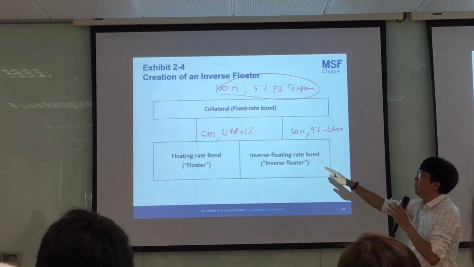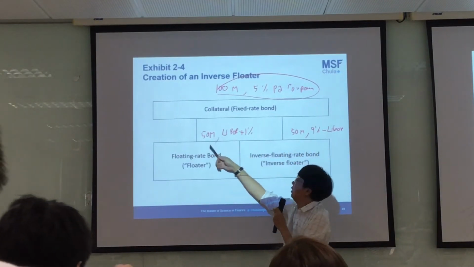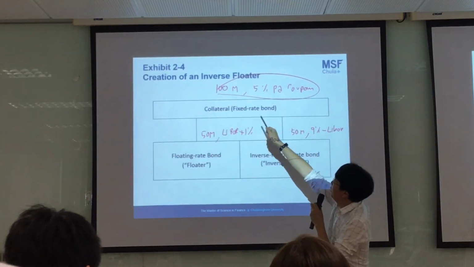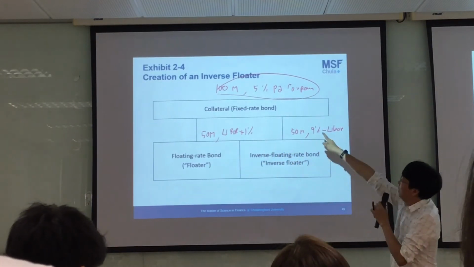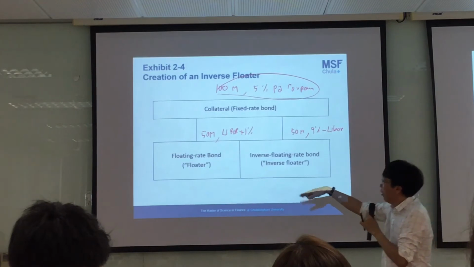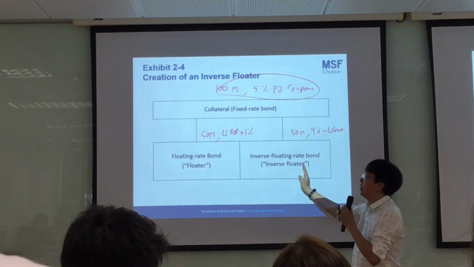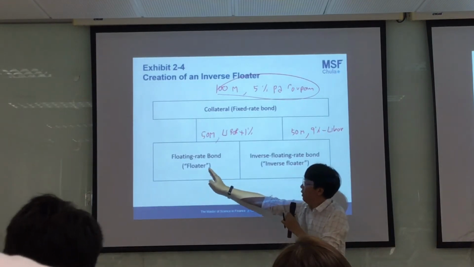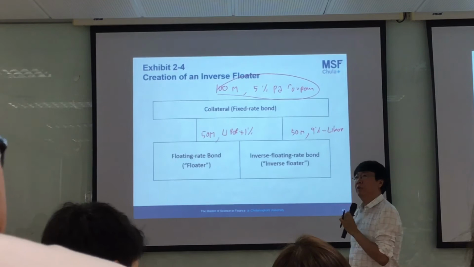That's why I issue this 50 million and this 50 million, to make sure that the size is not greater than the 100 million of the collateral. You receive the coupon from the fixed rate bond, and then you borrow the money by issuing the floating rate bond and inverse floating rate bond. So you have to pay the investor who buys the floater and the investor who buys the inverse floater.